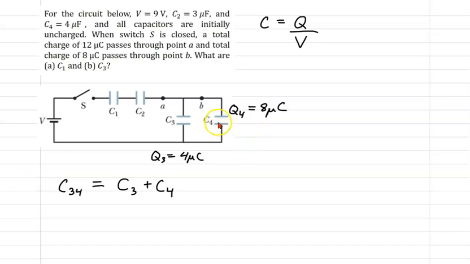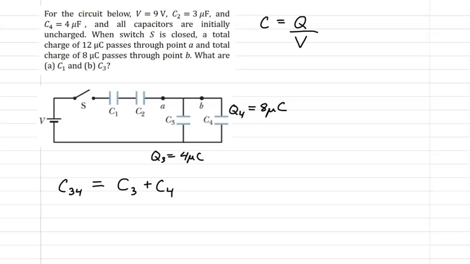What does that C3,4 mean? If you replace these two capacitors with just one and call it C3,4, its value would be C3 plus C4, and it would behave no different than when you had the two separately.